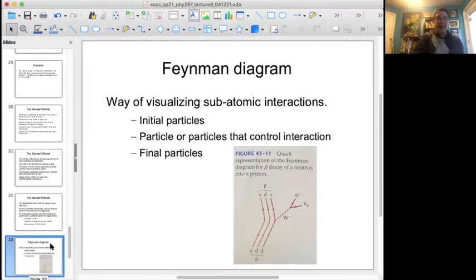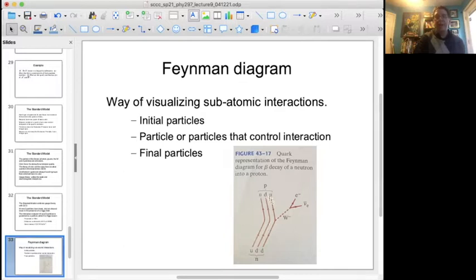And Feynman came up with a way of visualizing the interactions at the subatomic level. And so he gives the example of a neutron decaying into a proton. So a neutron is two downs and an up. The proton is two ups and a down.